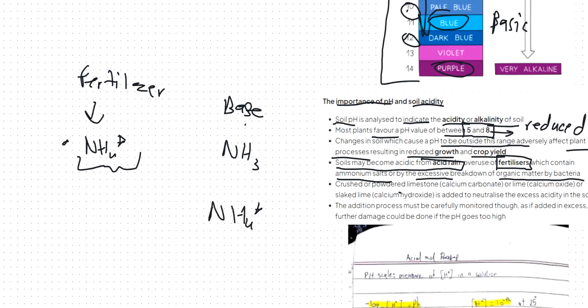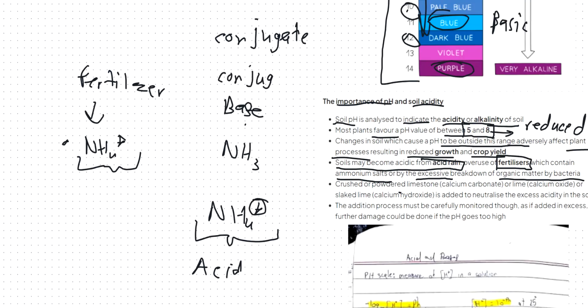And this plus is because the nitrogen is accepting the hydrogen ion. So when you have an ammonium ion, this is called an acid. I'll go on to something called conjugate base and acid, but for now, know that NH3 is the conjugate base of the ammonium ion, and similarly, the ammonium ion is the conjugate acid.